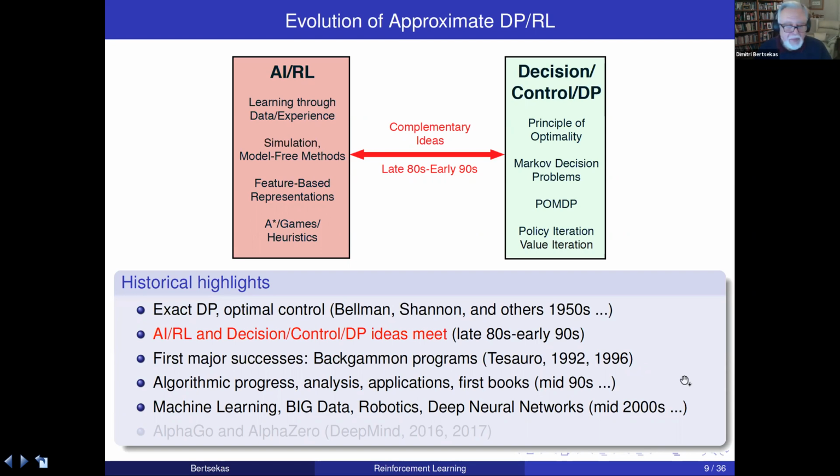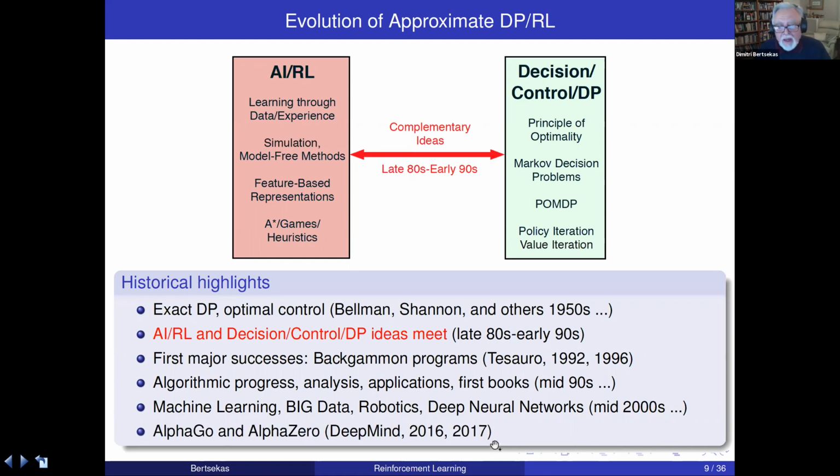Machine learning became very important, using data, big data, lots of data. Robotics also became the focus of a lot of attention in the 2000s. There were major successes with deep neural networks. So the whole field mushroomed, starting in, let's say, the last 10 years.